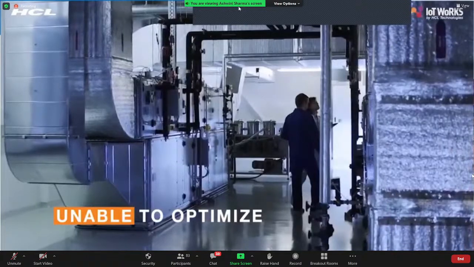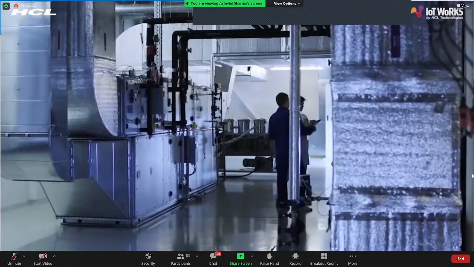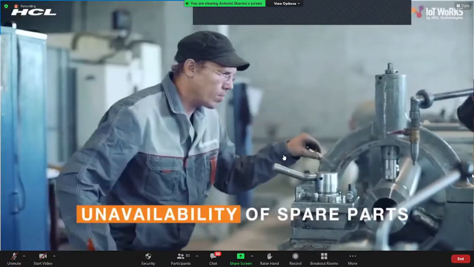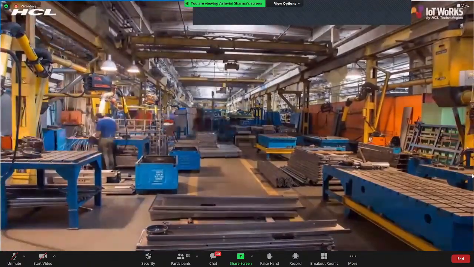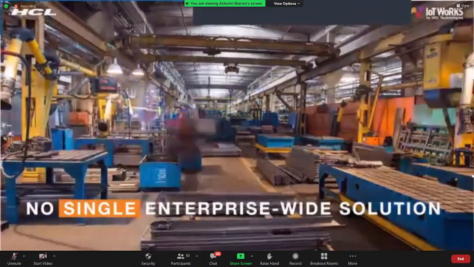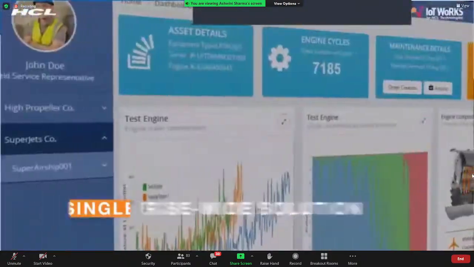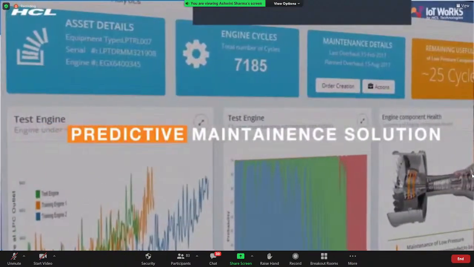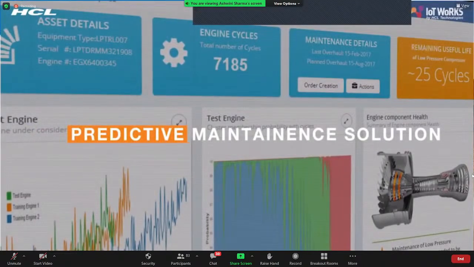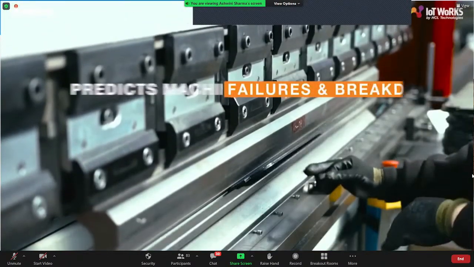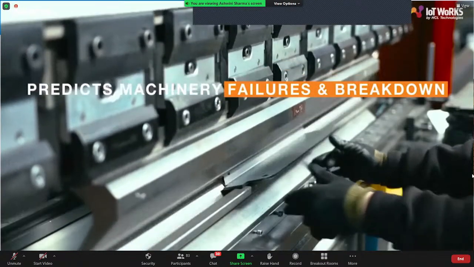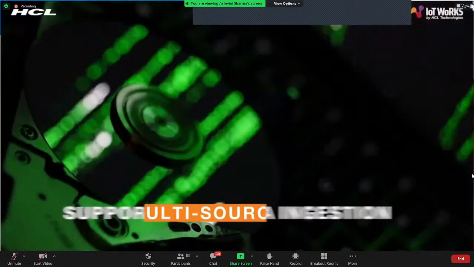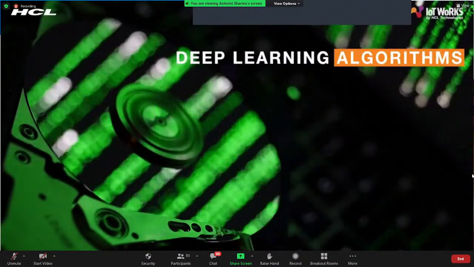Further, siloed and disparate resources, limited spare parts, and lack of skilled engineers have left things unresolved, which calls for a comprehensive solution. HCL IoT Works Predictive Maintenance Solution is an IoT-enabled monitoring and maintenance solution that provides visibility to the imminent failure of any pivotal component of the machinery by using different types of data from the asset, using deep learning algorithms to predict a probable breakdown.